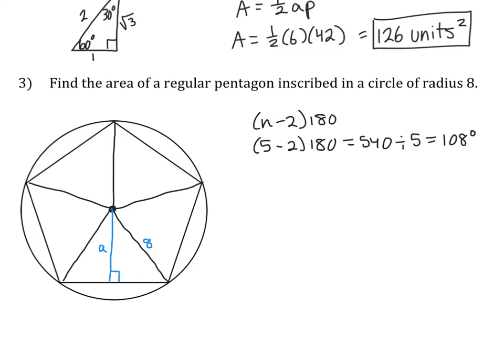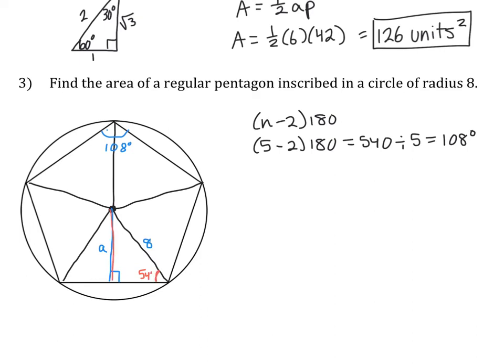So again, that would be the total angle from here to here is 108 degrees. But when we drew this radius in, it does bisect that angle, so it is cutting it in half. So if you divide 108 by 2, we get an angle of 54 degrees for this smaller angle.